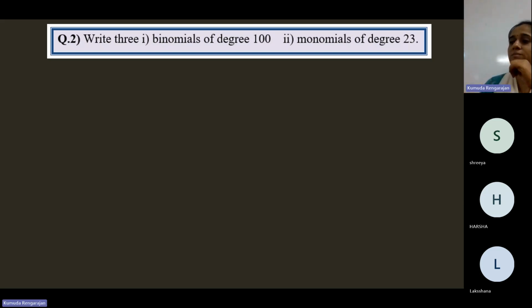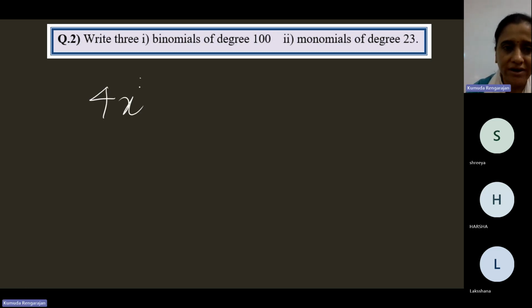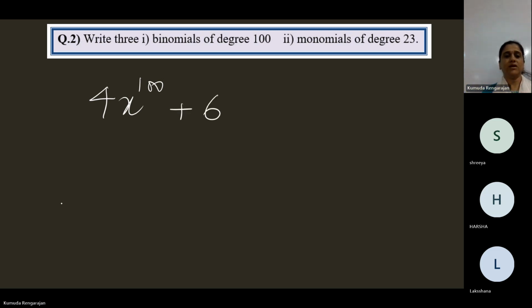Yes. Read one from your book. 4x to the power 100 plus 6. So it is a binomial because there are 2 terms.